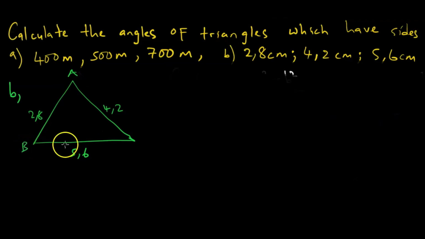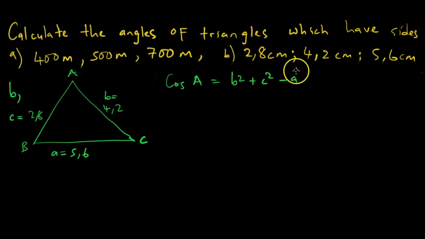It's A, B, and then C. Saka this will be A because it's opposite the interior angle A. This will be C and that will be B. Saka ngatange tatsvaga A. Saka the cos of A will be equal to B squared plus C squared minus A squared over 2BC.